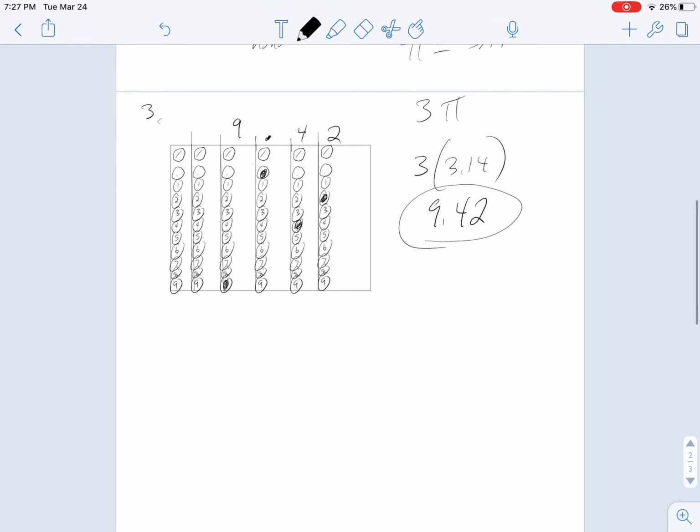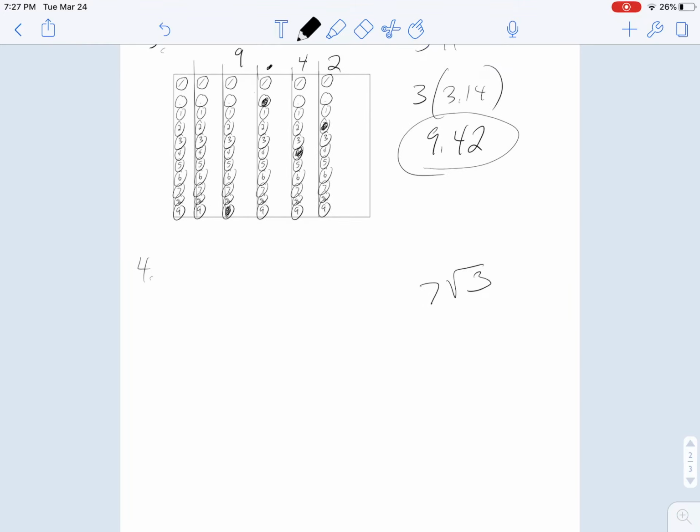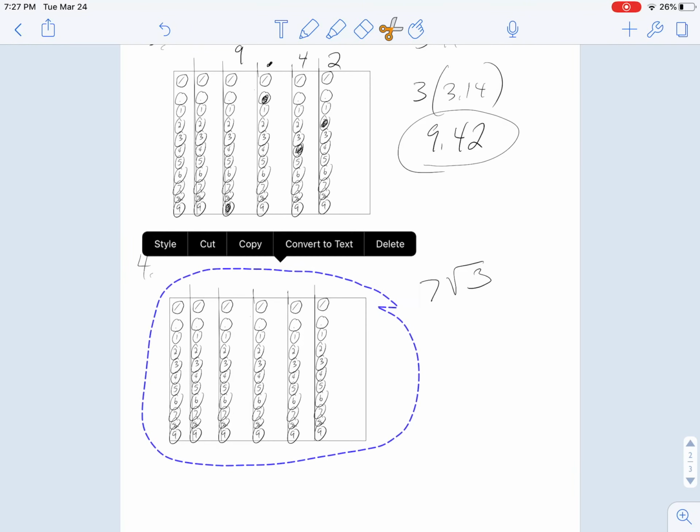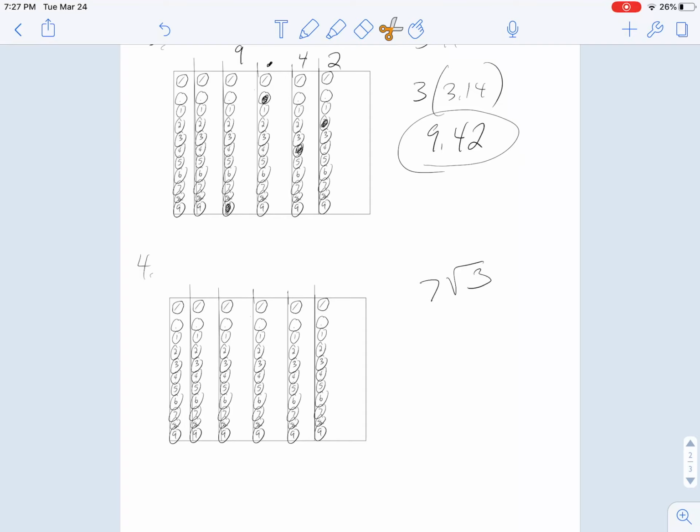The same thing applies if, let's say, the answer for number 4 is 7 root 3. You're going to have to round to the nearest hundredth. You can go ahead and use the square root of 3.